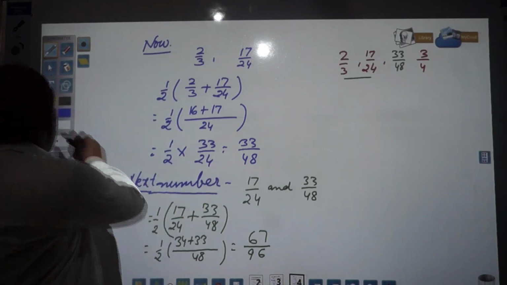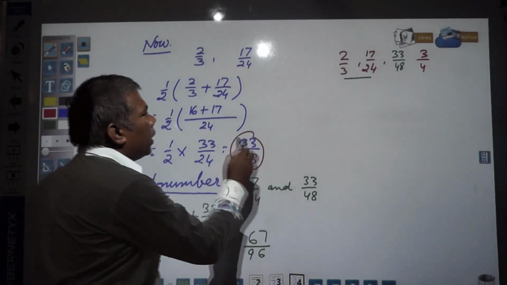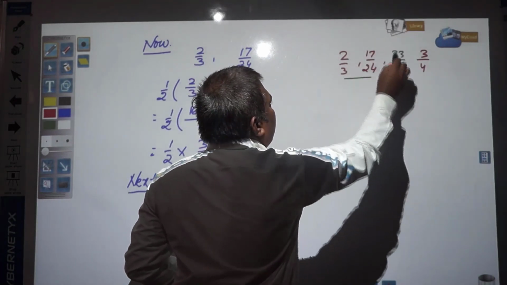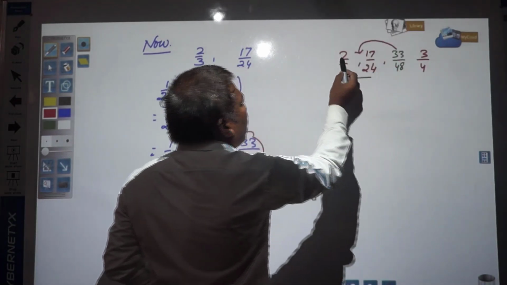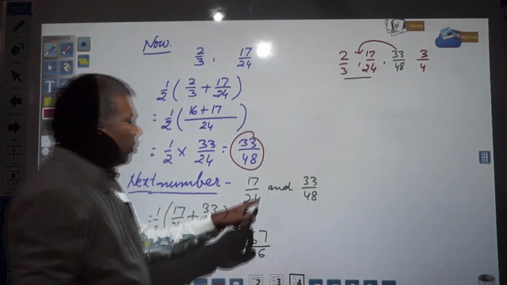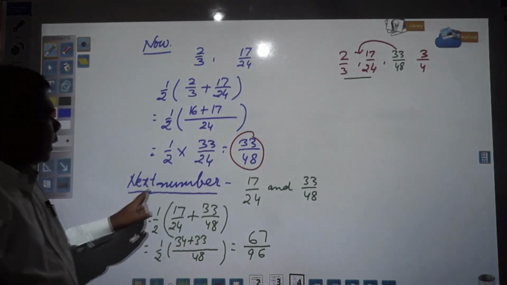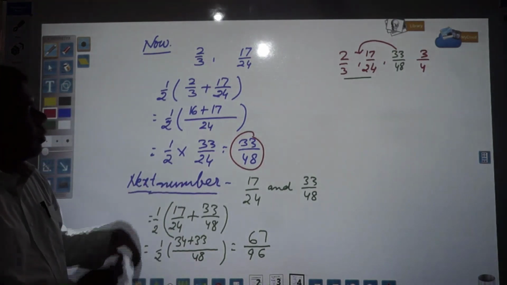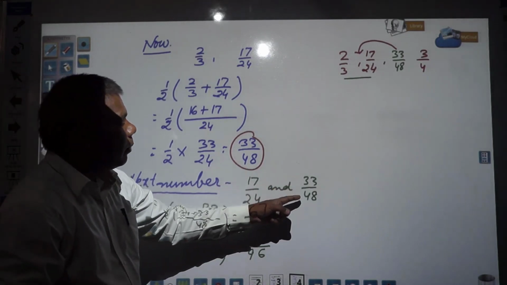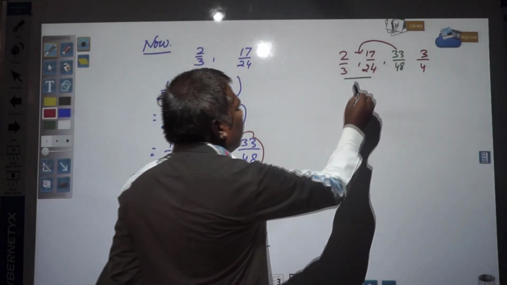So the next number you got, the next number in between, it will come. In between, you got 2/3 and 17/24, and the number you got is 33/48. Next number again you need to find out. So we will find out in between 17/24 and 33/48.